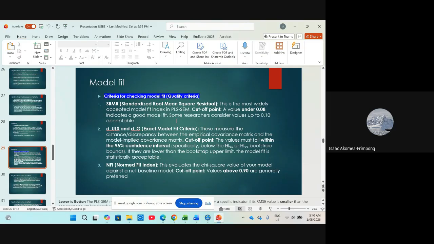Some scholars, some researchers accept 0.1 maximum. Anything up to 0.1 is acceptable, but anything more than that, they have issues. That's the extreme. But the best is 0.08.